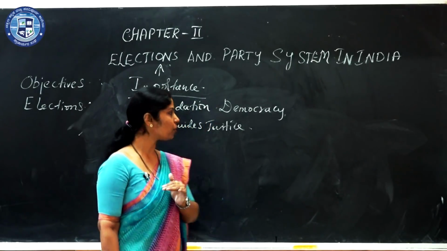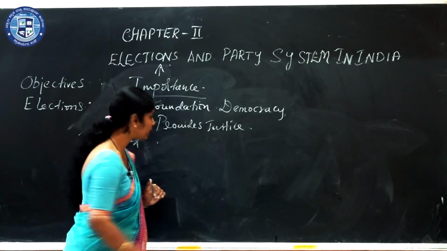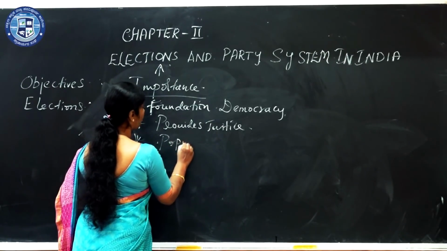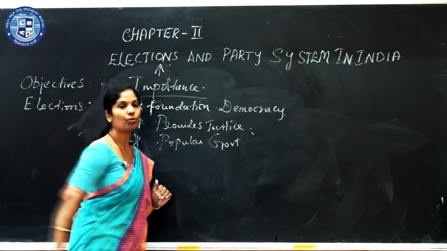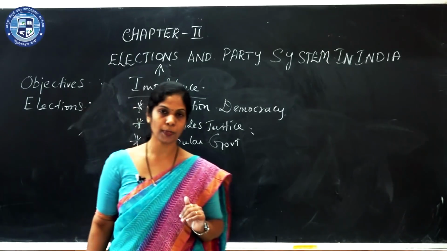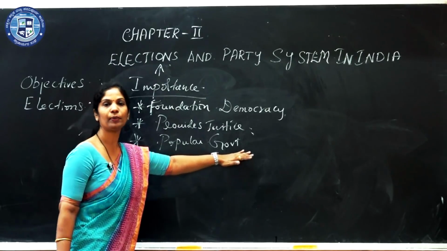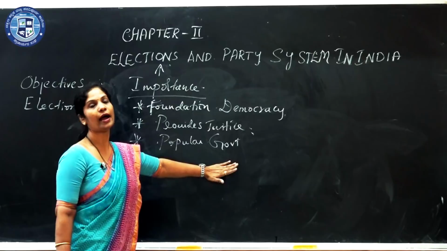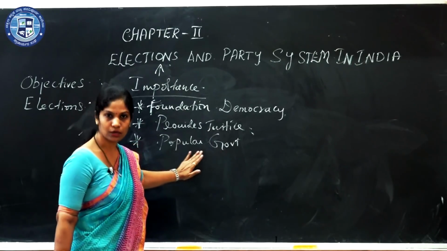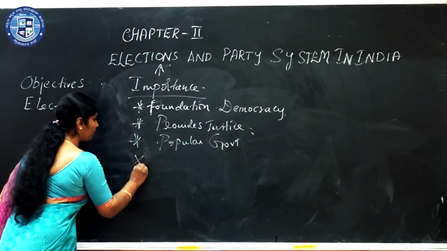And the third importance is that elections are designed to create the popular government. It upholds the concept of popular government. Just now I told, without the elections, the popular government cannot be brought into force. So this upholds the idea of popular government. That is why the elections are very important.